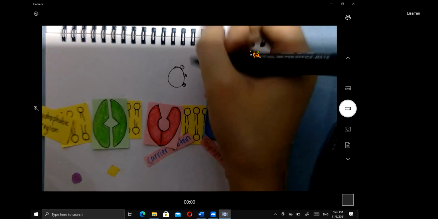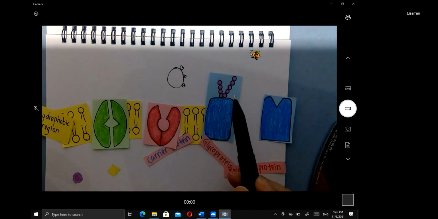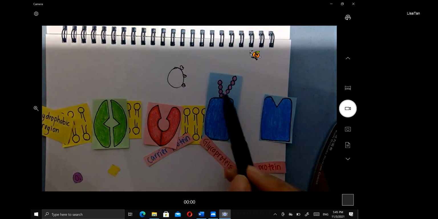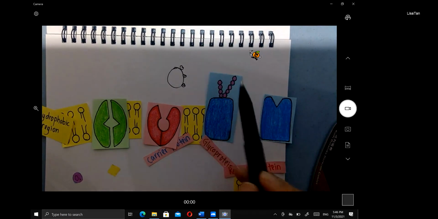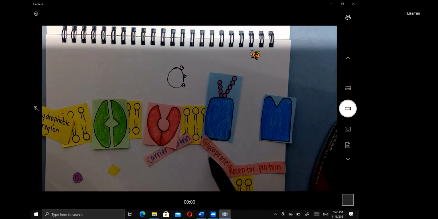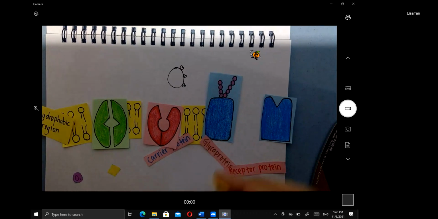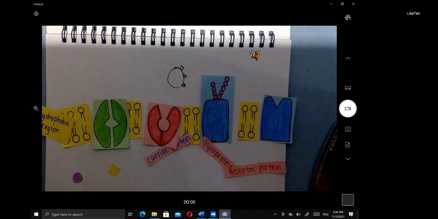This is an identity for yourself, so each individual will have a different type of this marker. Understand? If this short carbohydrate chain is attached to the protein, it will be called the glycoprotein. Get the idea?